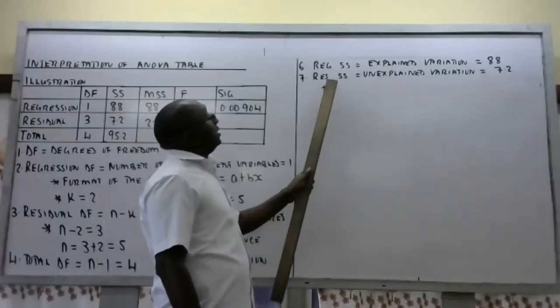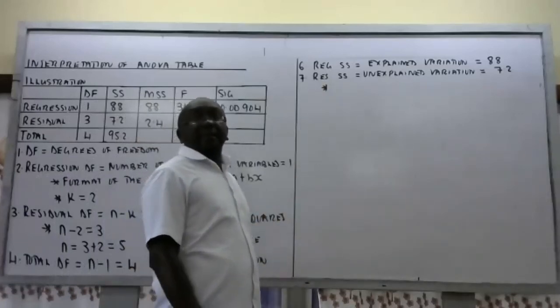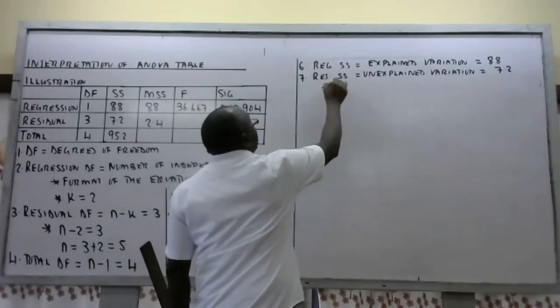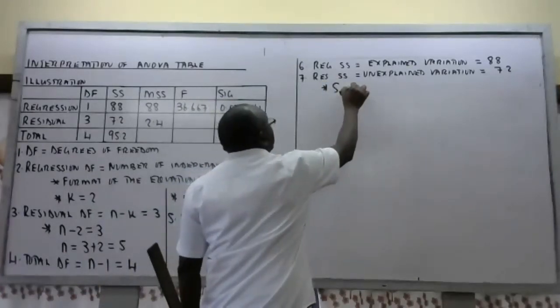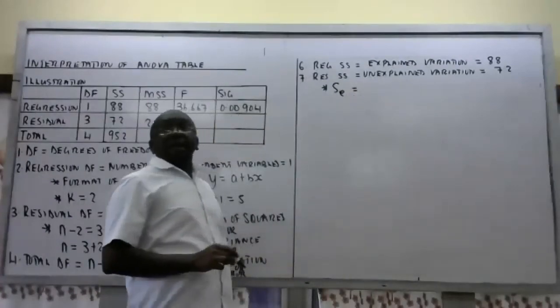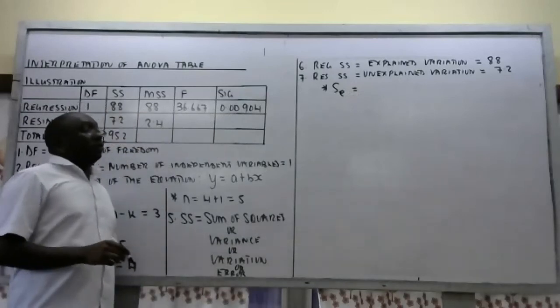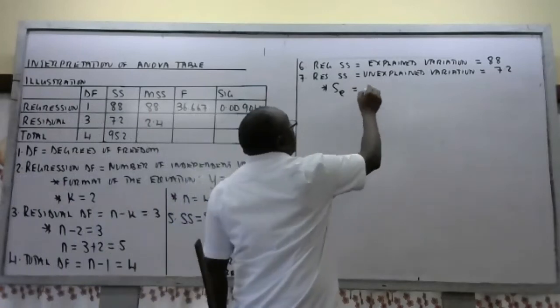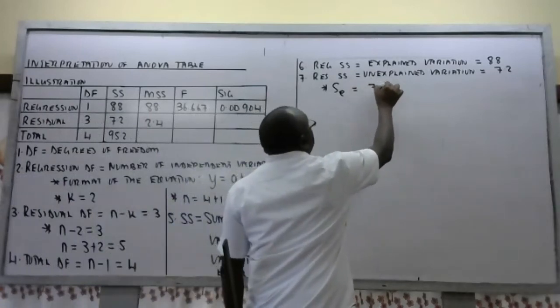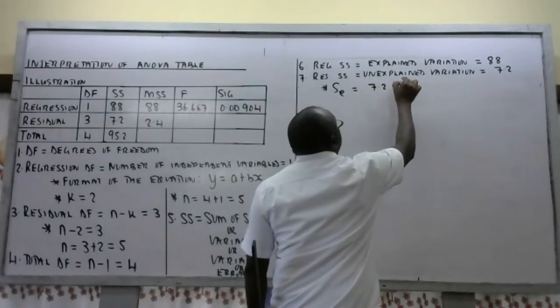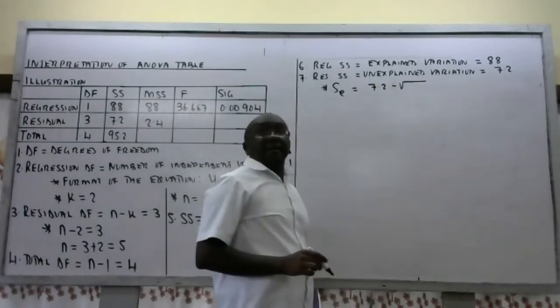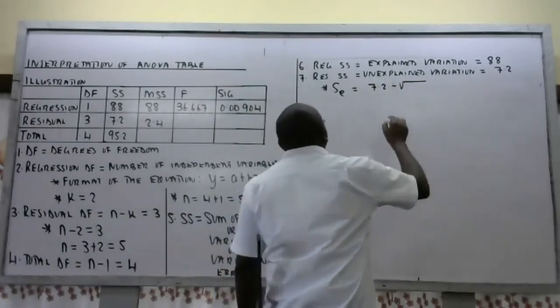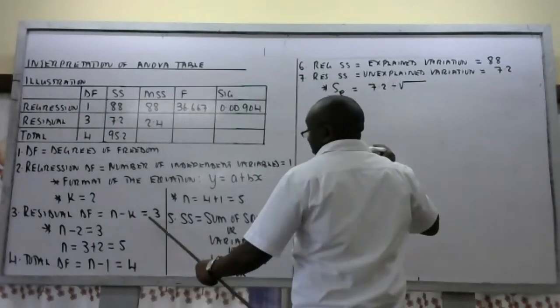So, ukishajua this residual SS, you are able to get what we call SE. In the formula that we had earlier, tulisema SE is unexplained variation, 7.2. You divide by the root of n minus k. And n minus k, it is this one, 3.